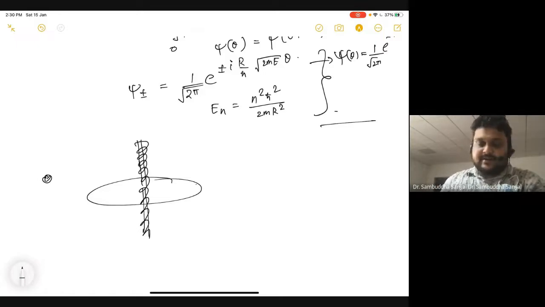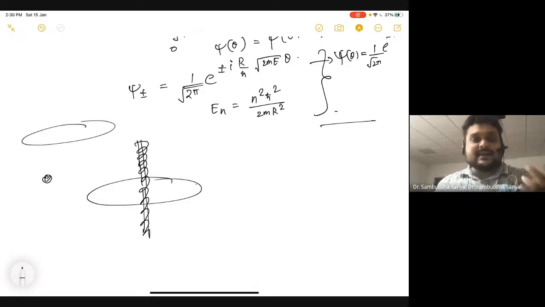But your naive classical thinking will tell you that this problem is no different from this problem, because the particle anyway doesn't see any field, any electric field or magnetic field. It just sees a vector potential, but that is not real. The force is exerted only by the field, right? Not the potential.